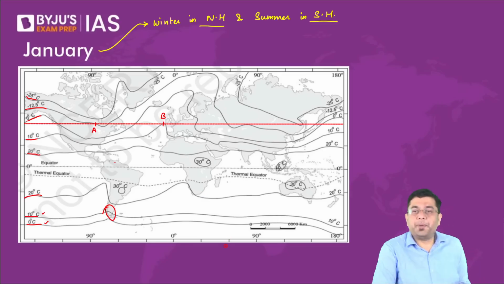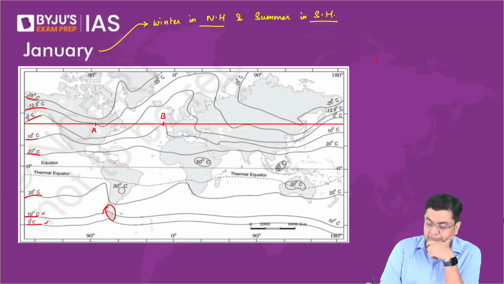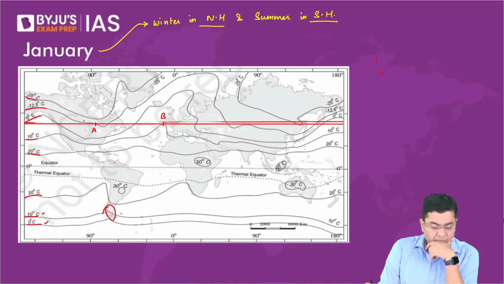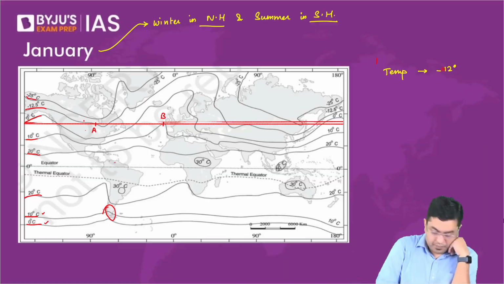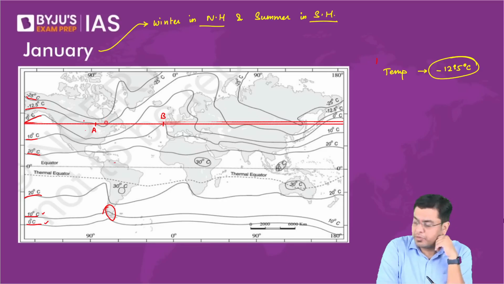Now, what is going to be the temperature at A based upon the isotherms that you see? The temperature at A is going to be minus 12.5 degrees Celsius, because the minus 12.5 degrees Celsius isotherm is passing through that.